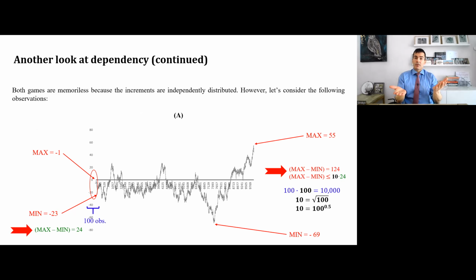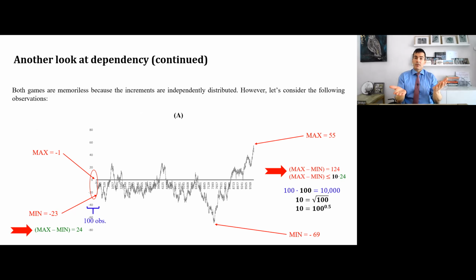If we consider the first 100 observations only, we see the maximum is -1 after the first coin toss, and the minimum is -23. Then the process moves up again.